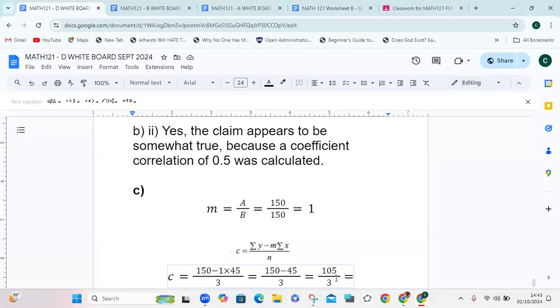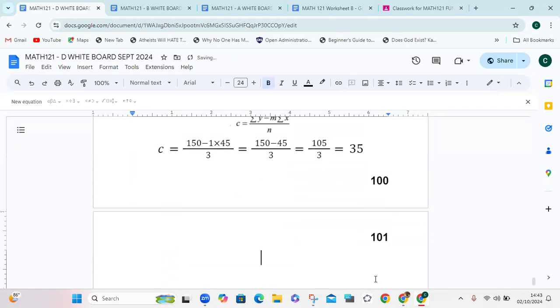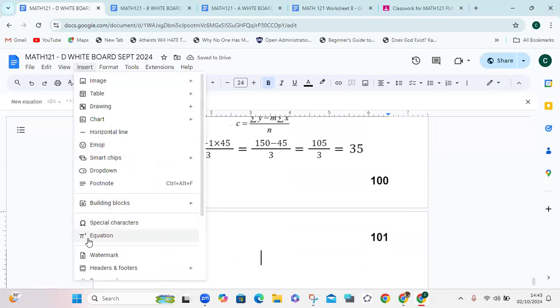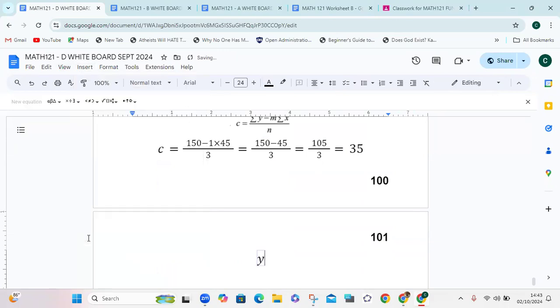And as stated, 105 divided by 3 is 35. So now we have calculated the gradient, we have calculated the y-intercept. So now we can write the equation. Y is equal to mx, which is 1x plus c, which is 35.